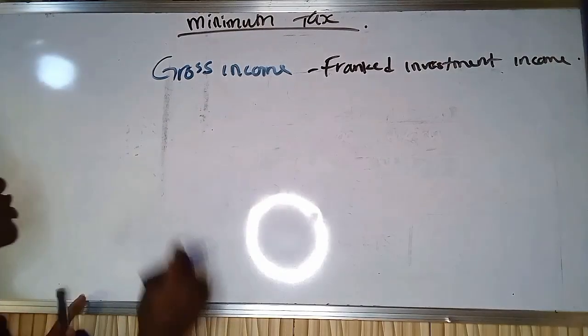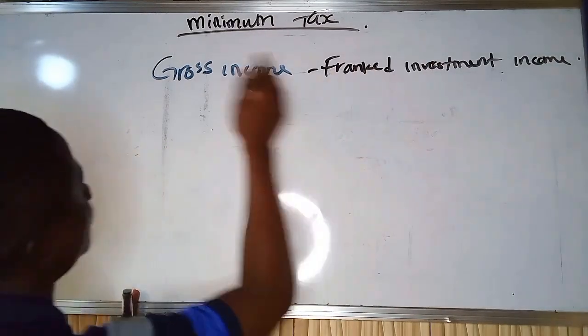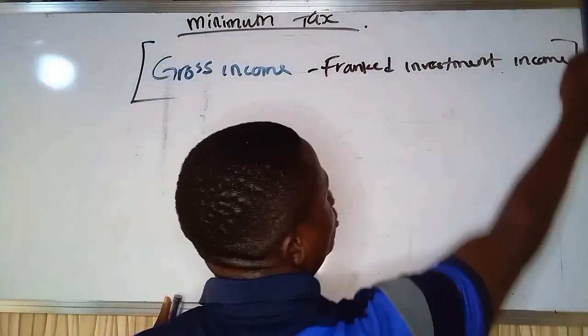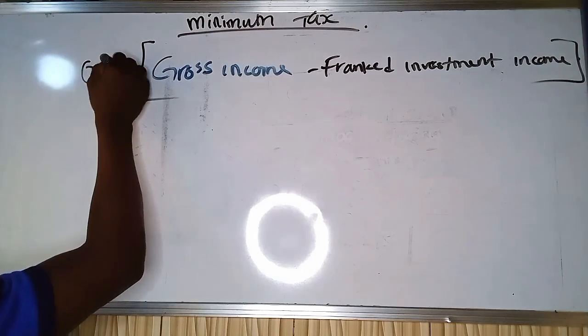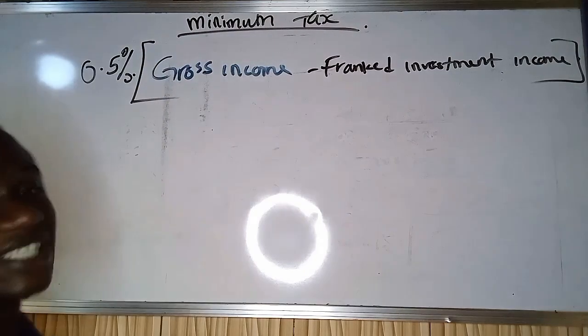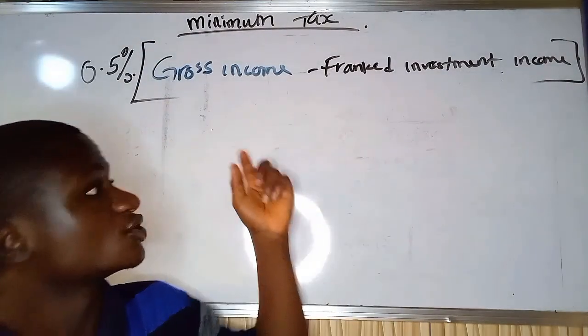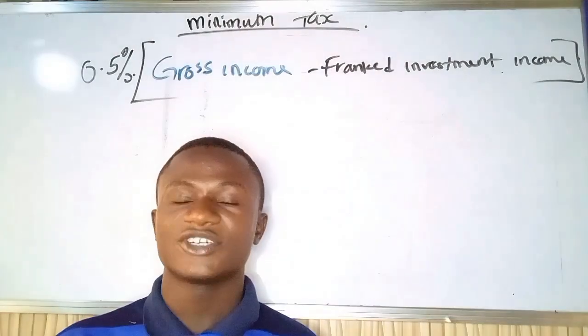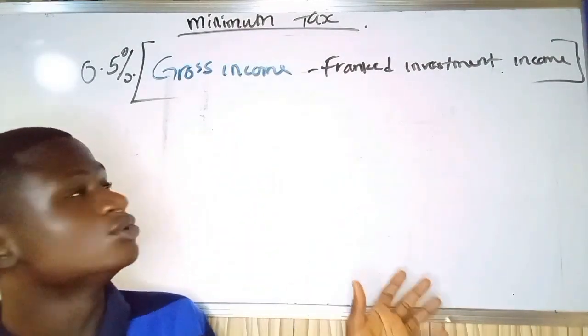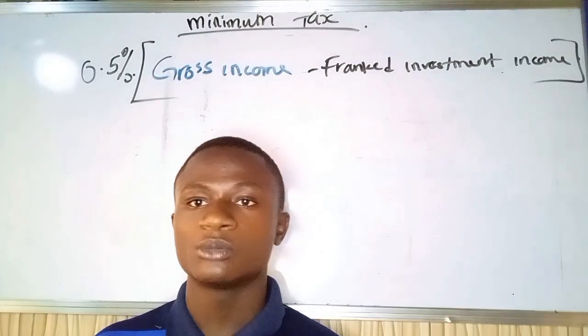So it is 0.5% of your gross income minus your franked investment income that is going to give you your minimum tax.